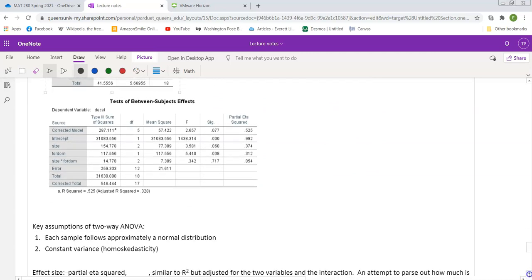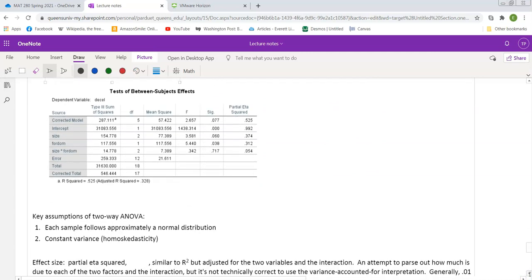All right, so our ANOVA table has gotten substantially more complicated. But there's really just a few things on here we need. So size is our factor 1. 4dom is our factor 2.